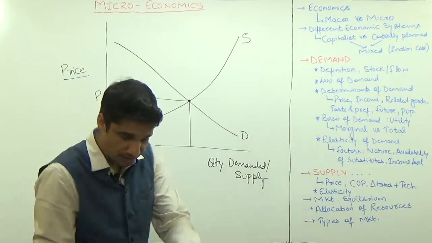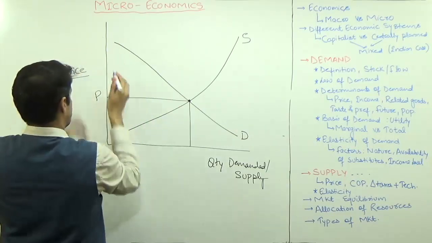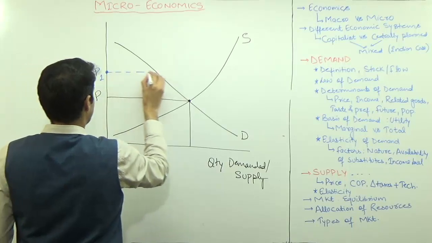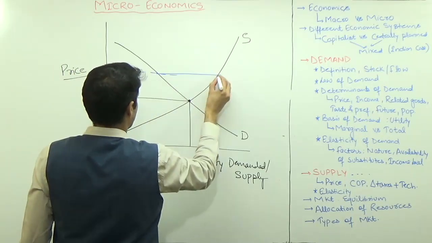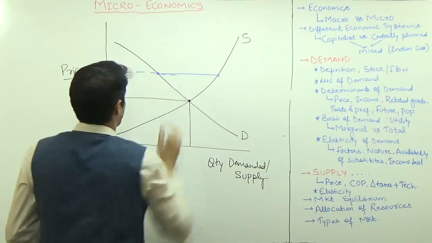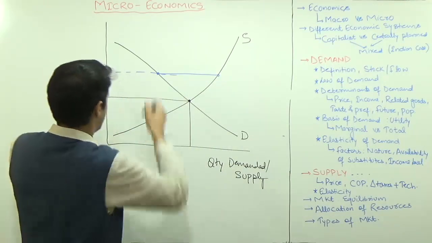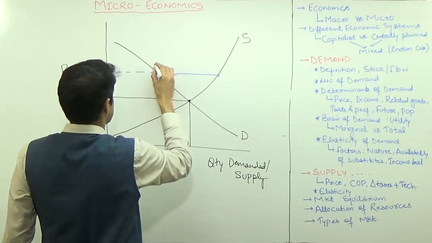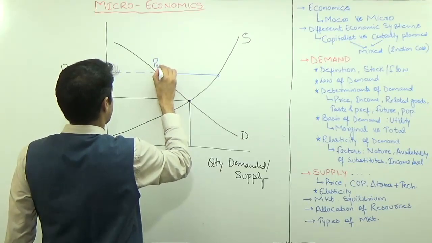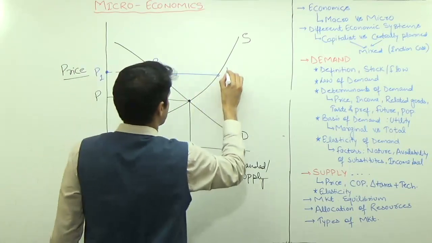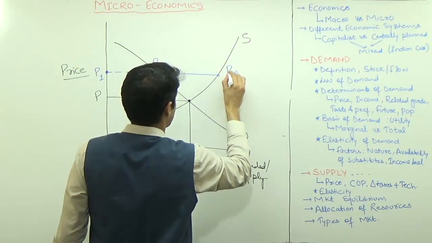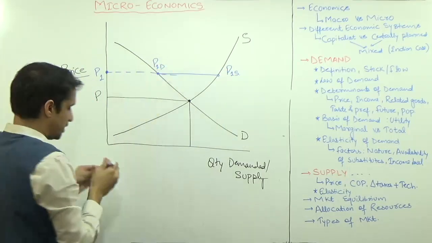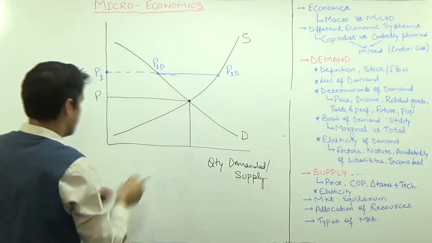But suppose artificially somebody increases the price to P1, like this. So at this point, this is the demand, P1D, I will say, and this is P1S, supply at price 1 and demand at price 1.